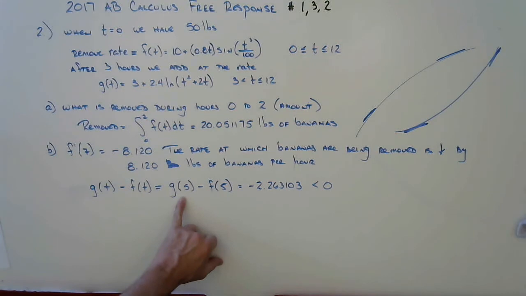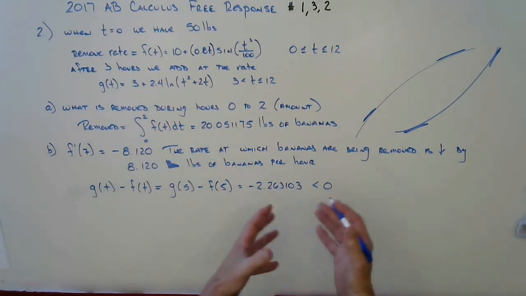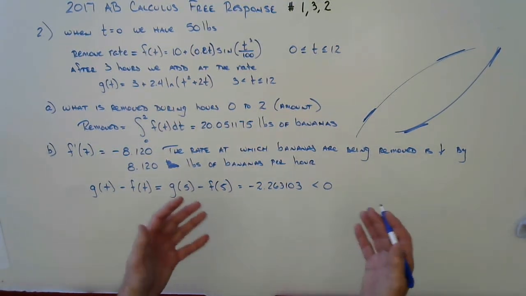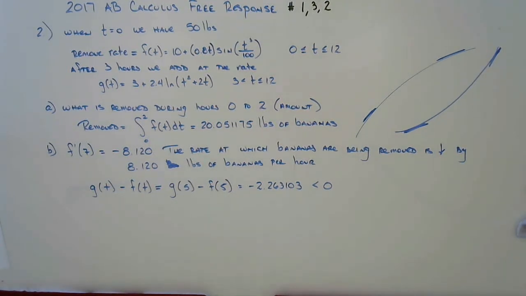So the number of pounds on display is decreasing. We're adding bananas back in, but people are buying them faster, because the rate of the bananas on the display is negative, so it's decreasing. So the number of pounds of bananas on display is going down at t equals 5 because the derivative is negative. Remember, these are derivatives, right?